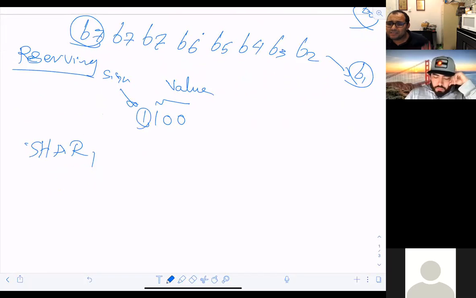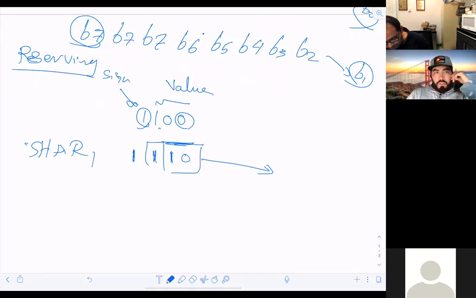So this register has to stay negative all the time. In this case I will put a 1 here, that 1 will be here, that 0 will be here, and this 0 will be out. If you look at this value, you will find two 1s, and those are representing a negative.